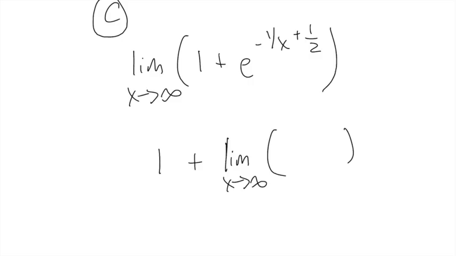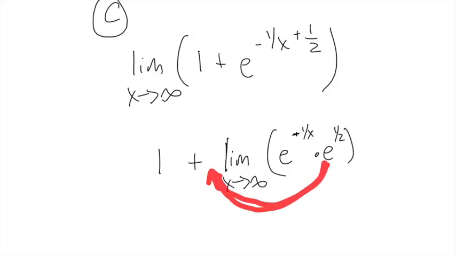Now, we're going to separate these exponents by doing e to the negative 1/2 times e to the 1/2. And again, the reason is if you have bases that are the same, you can add exponents. It's one of your exponent rules. And it makes it easier because now we can pull this constant outside.